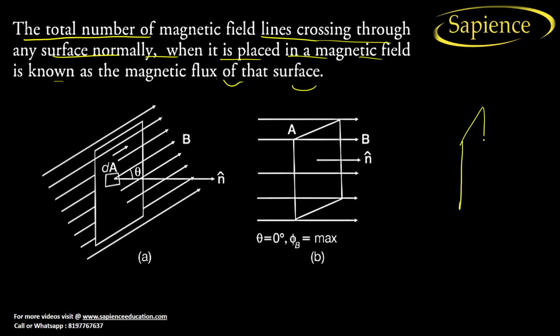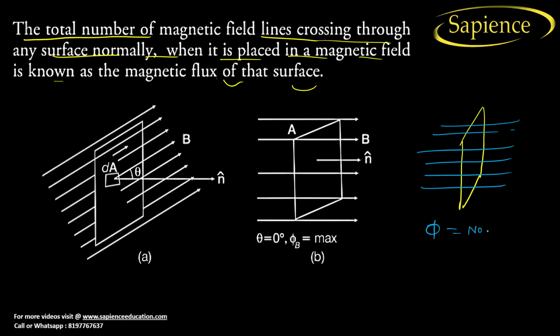This is our surface, and if magnetic field lines are passing through this, 1 2 3 4, these are the flux. Flux can be considered as the number of field lines per unit area.